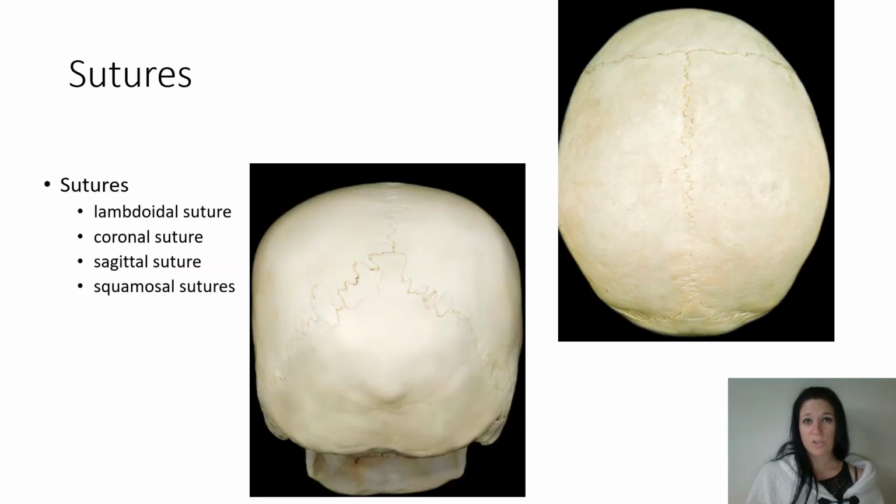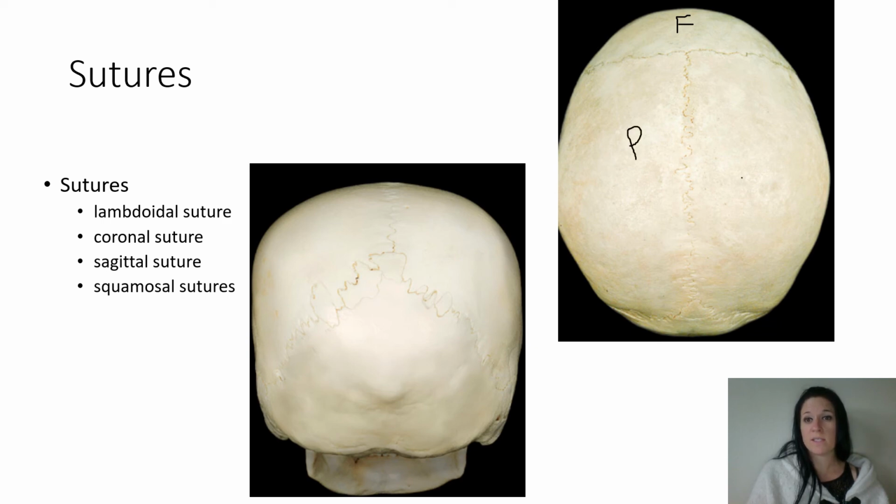We're going to finish this week's lab lesson up talking about the sutures. A suture is an immovable joint, so it's going to be the articulation point between 2 of the bones of the skull, and we're going to name the sutures. First I'm going to label the bones of the skull on both images so we can orient ourselves. This is going to be the frontal bone.